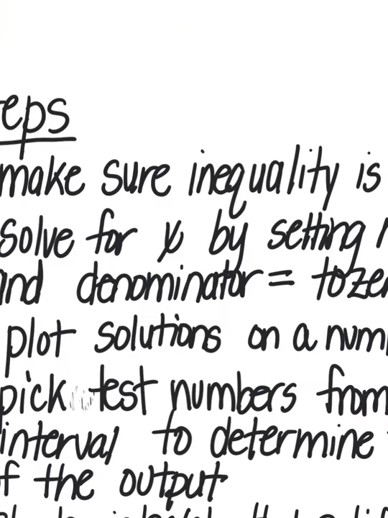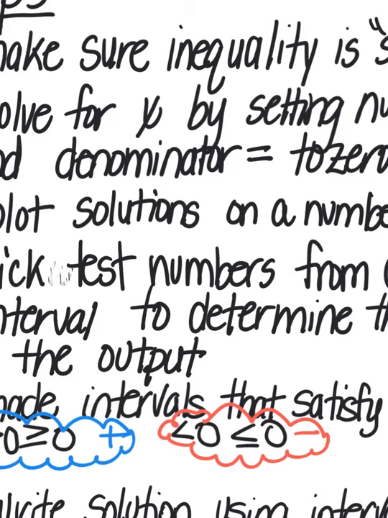So here are the steps if you wanted to write them down. Step number 1 is make sure the inequality is set equal to 0. Step 2, solve for x by setting the numerator and denominator equal to 0. Plot solutions on a number line. Pick test numbers from each interval to determine the sign of the output.